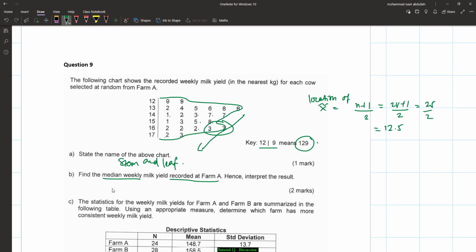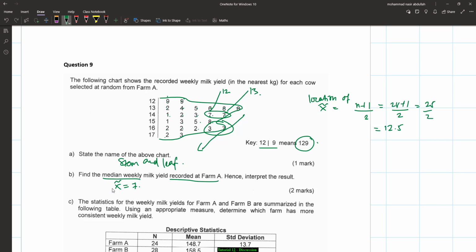So you count lah. 1, 2, 3, 4, 5, 6, 7, 8, 9, 10, 11, 12, 13. So this is 12, this is 13. 12.5 should be, median should be equal to 7.